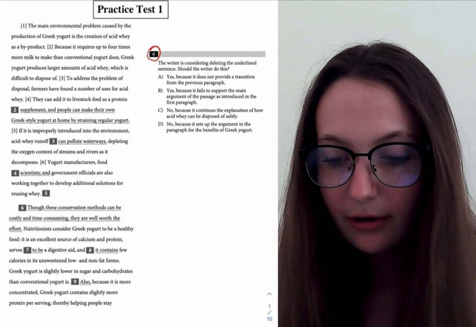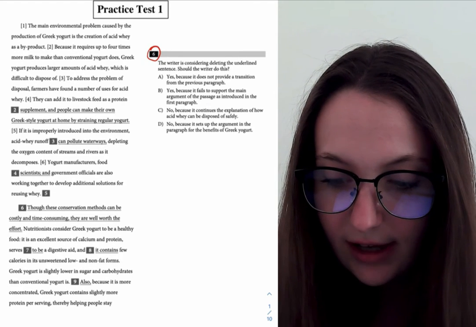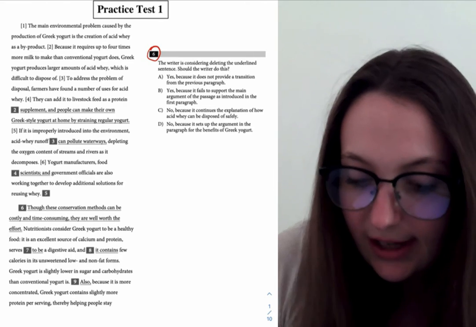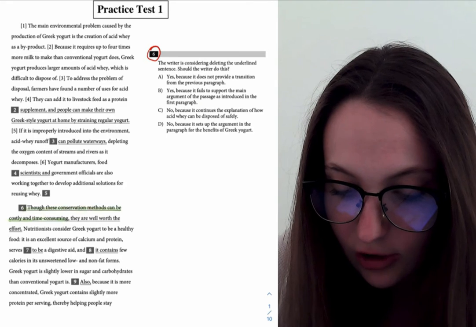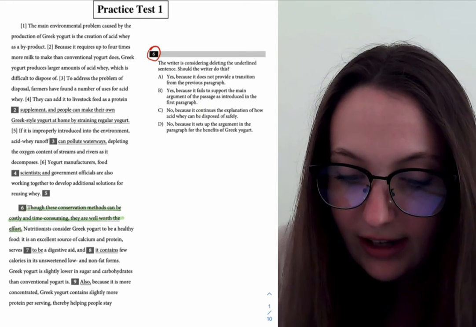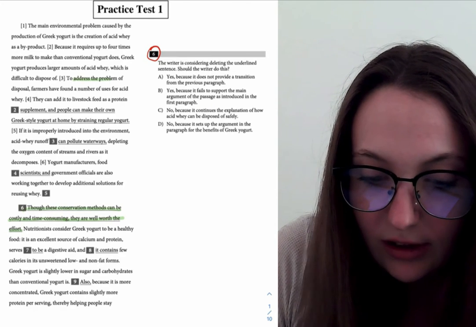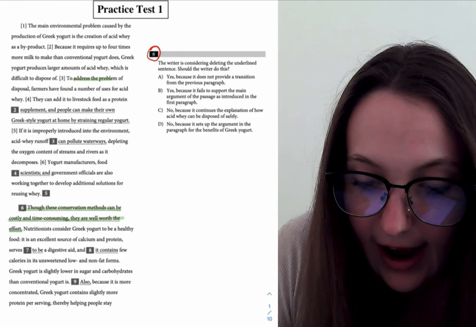So let's look at number 6. The writer is considering deleting the underlined sentence. Should the writer go ahead and do this? It says, "Though these conservation methods can be costly and time-consuming, they are well worth the effort." If we look at the previous paragraph, we're talking about all of the problems that have to do with disposing of the whey that's produced from Greek yogurt, the acid whey.